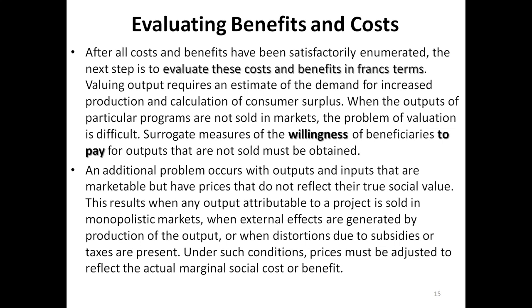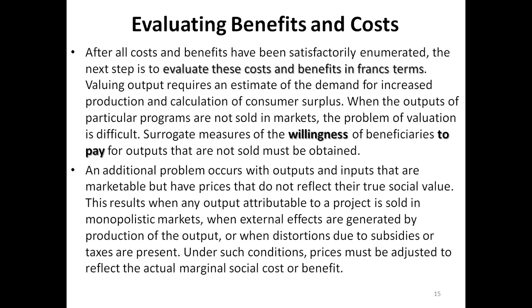This results when any output attributable to a project is sold in a monopolistic market, when external effects are generated by production of the output, or when distortions due to subsidies or taxes are present.